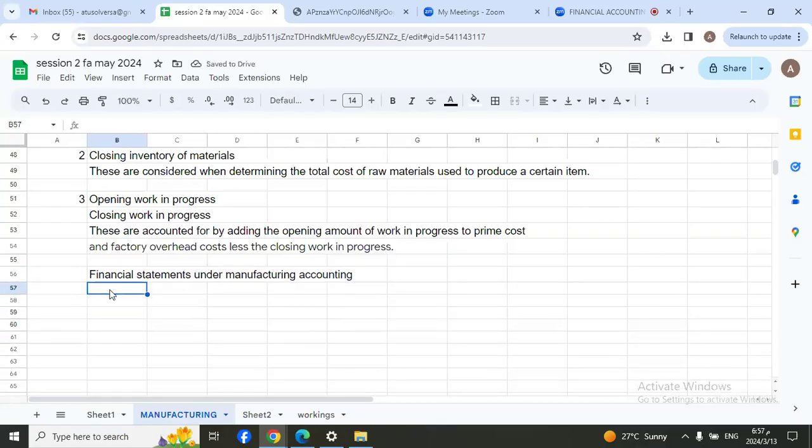So, ladies and gentlemen, nothing changes under here. The usual financial statements we prepare, they are the same statements we are going to prepare.